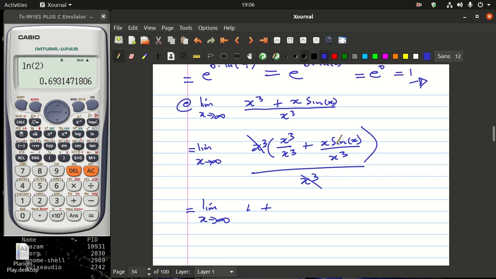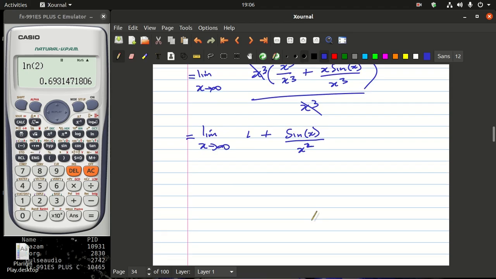And then if you look into this part here, you will find out that one x will be gone from the top and one of the x's will be gone there. Now we end up having sine of x divided by x squared. All right, and if you look carefully into this, we try and plug in here.